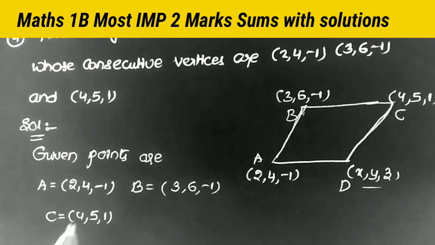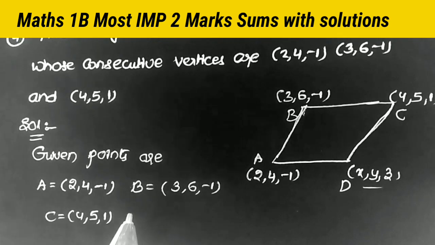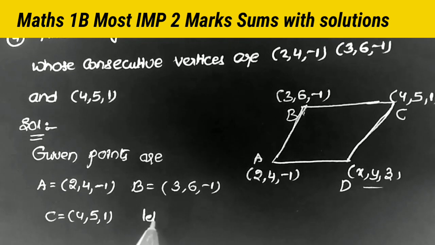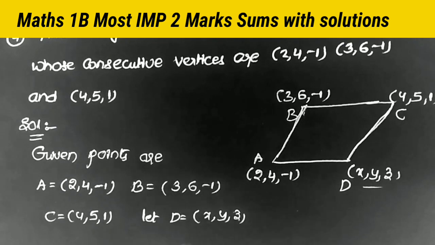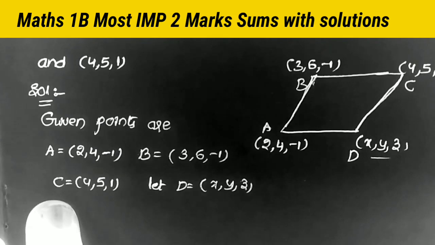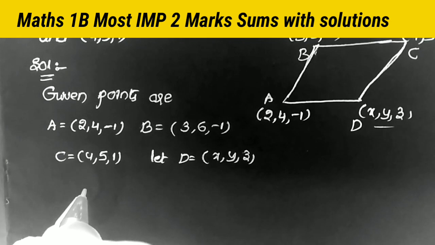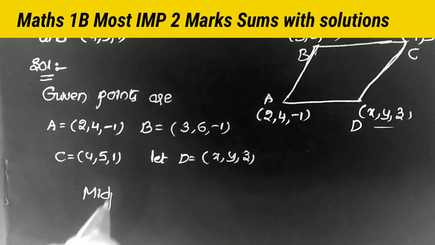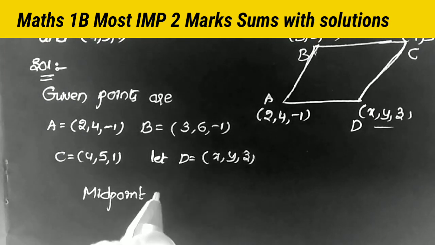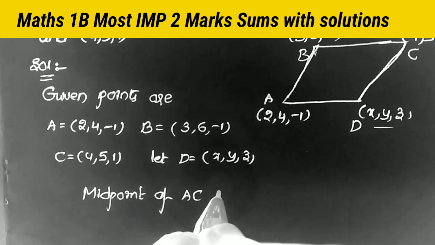We take the last vertex as D, which is equal to (x, y, z). Since it is a parallelogram, the property is that the midpoint of AC is equal to the midpoint of BD.